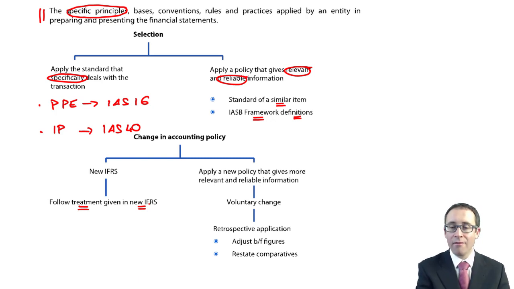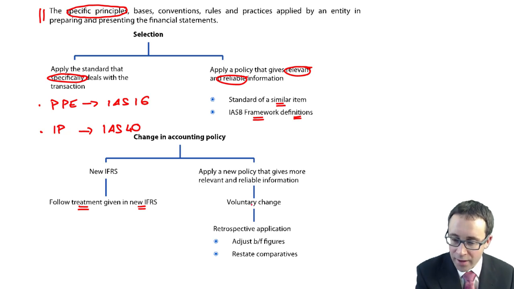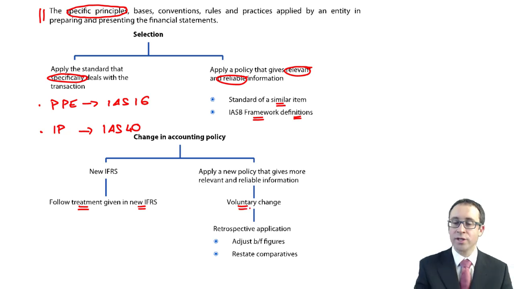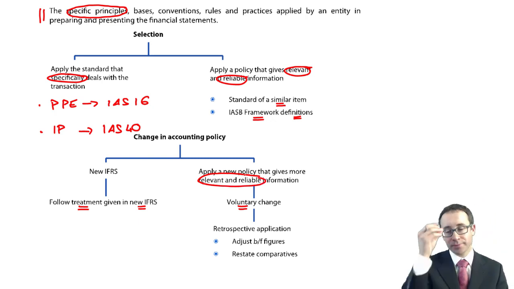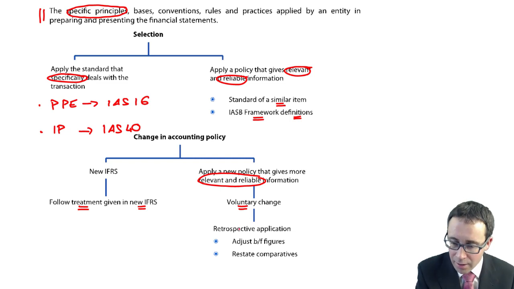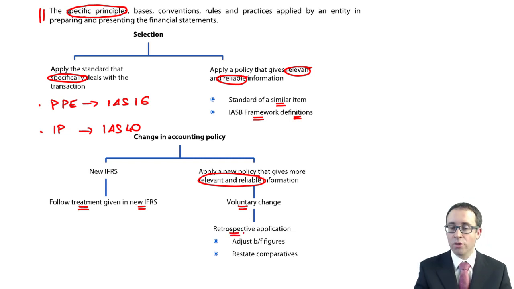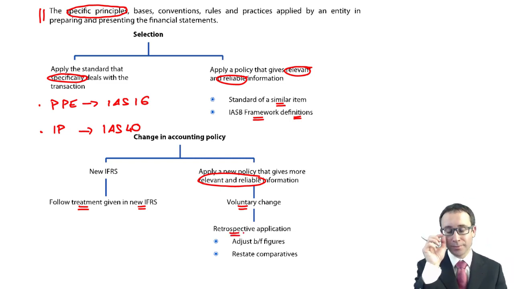However, it may be that you have a voluntary change, and the reason it is voluntary is because you believe that the new policy gives you more relevant and reliable information. If that's the case, you apply what is known as retrospective application.